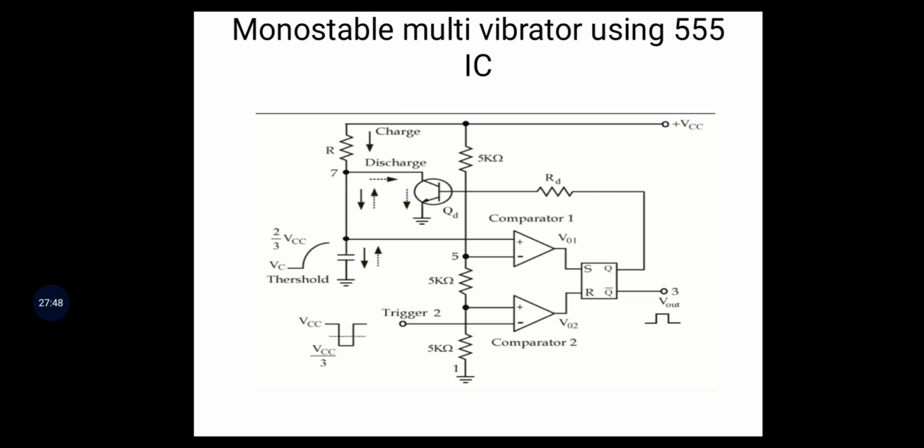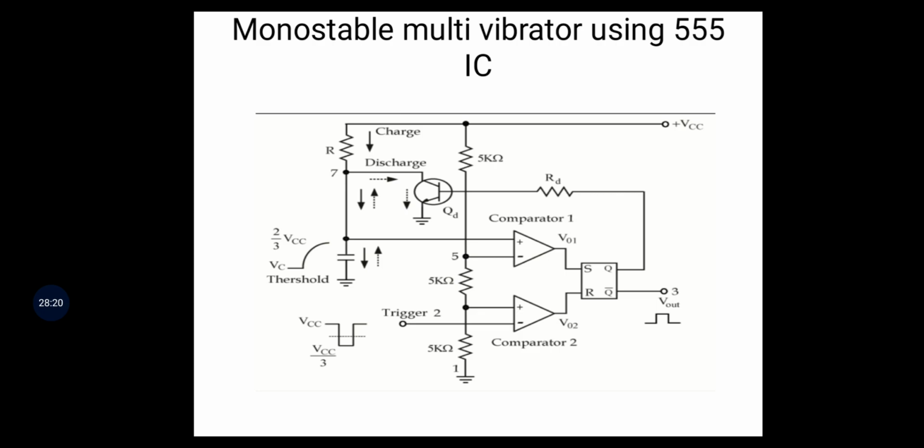What is the working principle of the monostable multivibrator? The flip-flop is initially set, that means Q is high. This drives the transistor QD in saturation. The capacitor discharges completely and the voltage across it is nearly zero. The output at pin 3 is low.